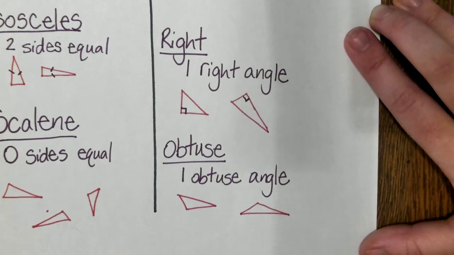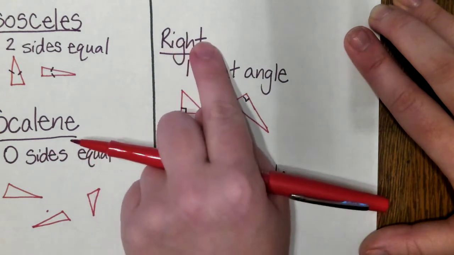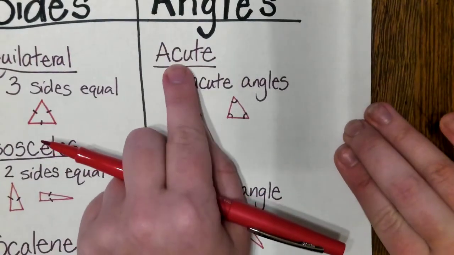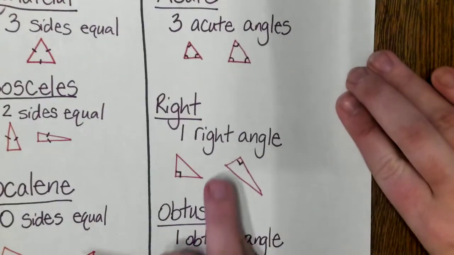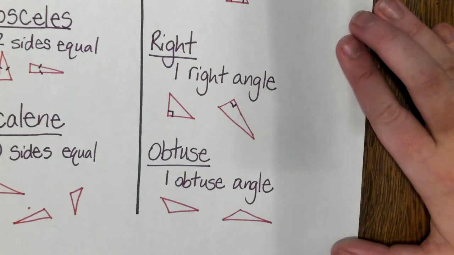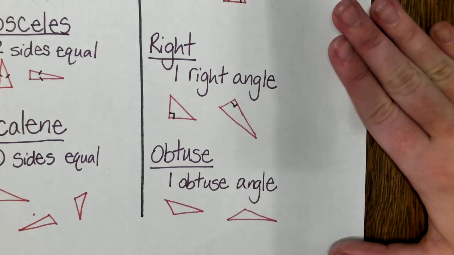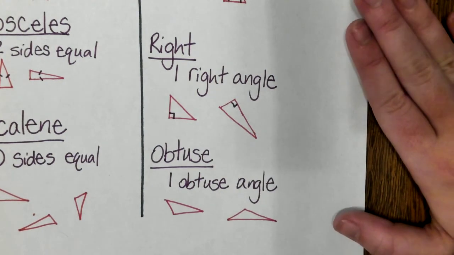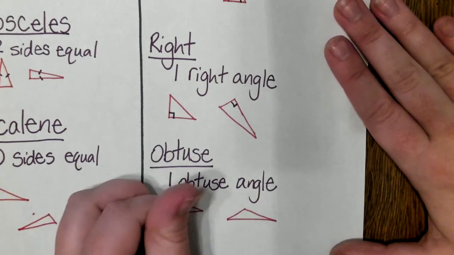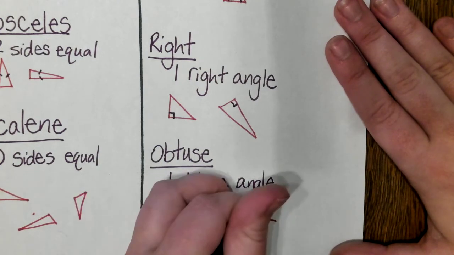Any obtuse triangle, and right triangle, and acute triangle is going to have two acute angles. We are looking for the third angle. If that third angle is obtuse, it's an obtuse triangle.